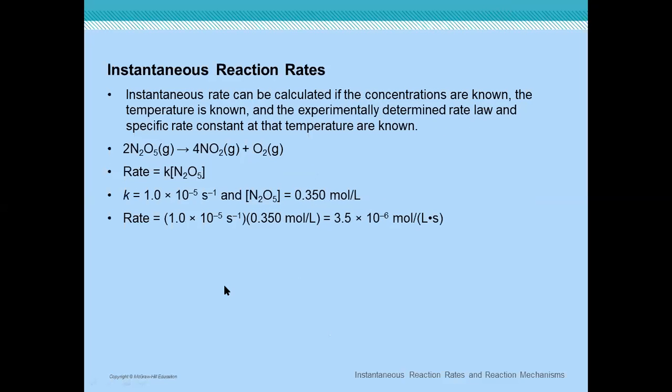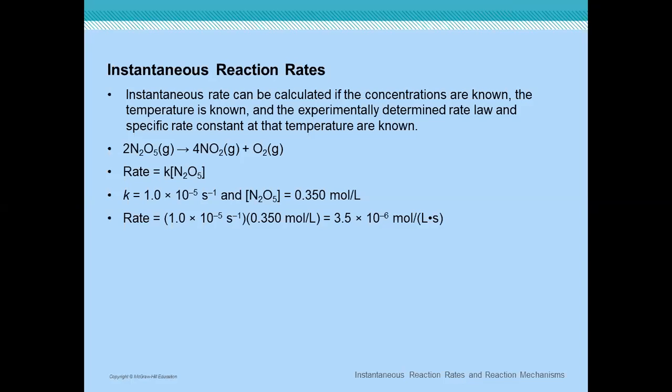Instantaneous rate can be calculated if the concentrations are known, the temperature is known, and the experimentally determined rate law and the specific rate constant at that temperature are known. So all this must be known. As an example, 2N2O5 gas produces 4NO2 gas plus O2.